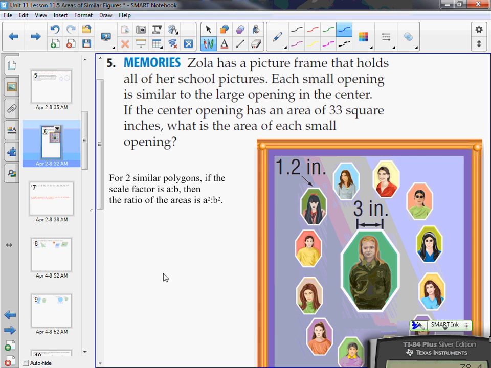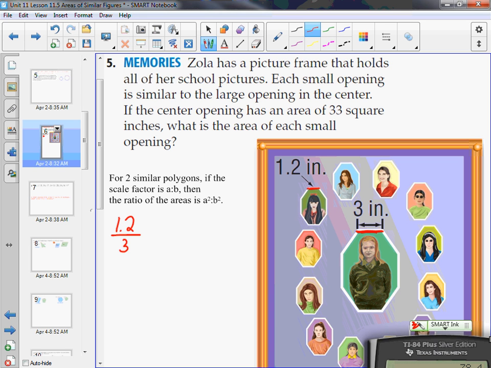If the center opening has an area of 33 square inches, what is the area of each small opening? Okay, well, since this side right here is 1.2 inches, and then the corresponding side of the bigger figure is 3 inches, isn't the scale factor 1.2 to 3?